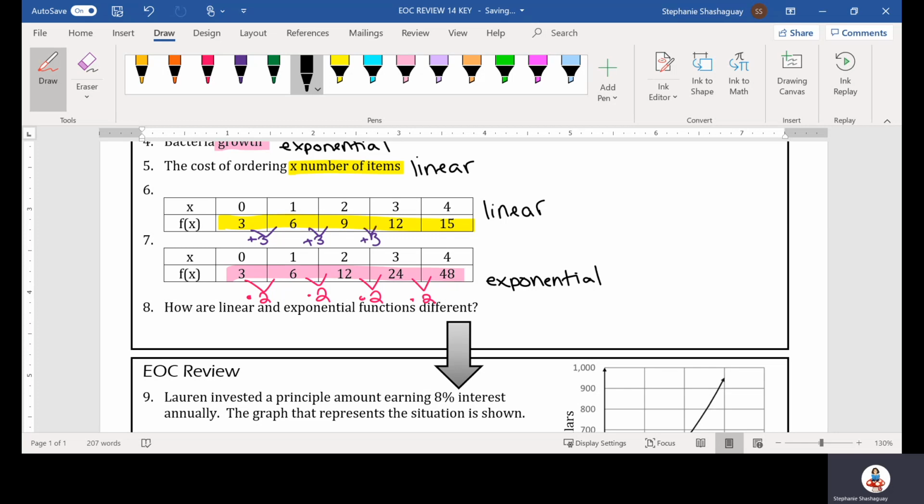So how are linear and exponential functions different? Well, that's what I already wrote. Linear equals a constant rate or common difference. Think of an arithmetic sequence.